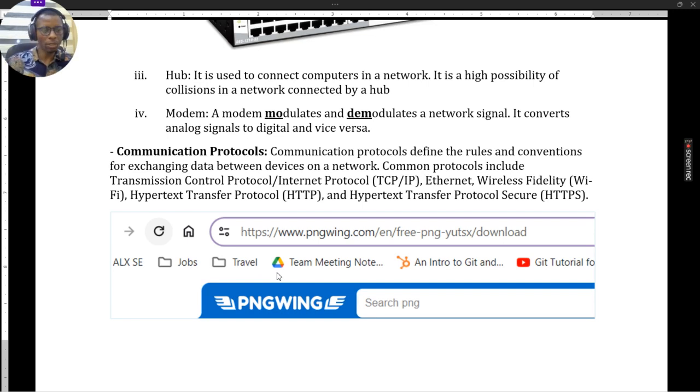And just like we can see in this example, it's written https://w.pngwing.com. This shows that the connection is a secured version of HTTP. So if somebody finds a way to tap it in the middle, it's going to be difficult for the person to understand what it means because it has been encrypted.